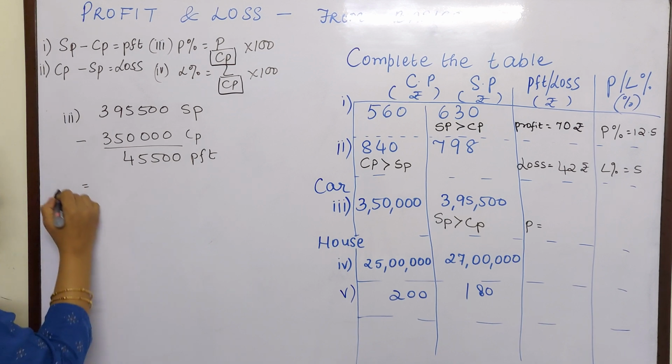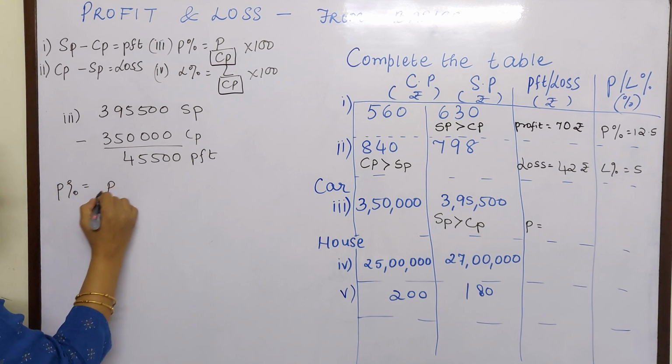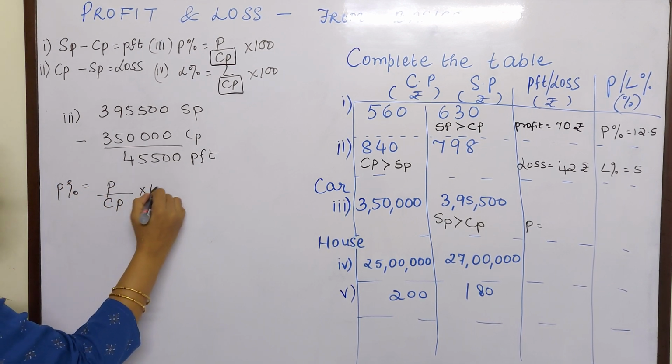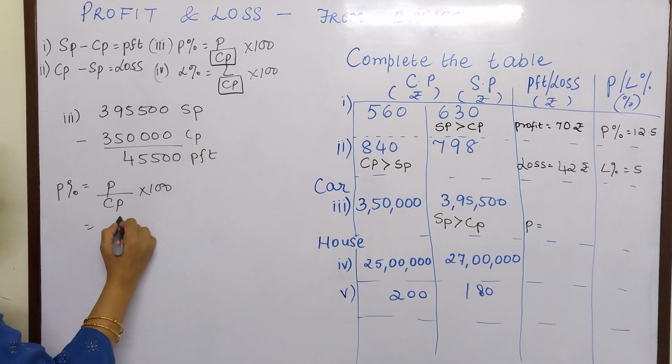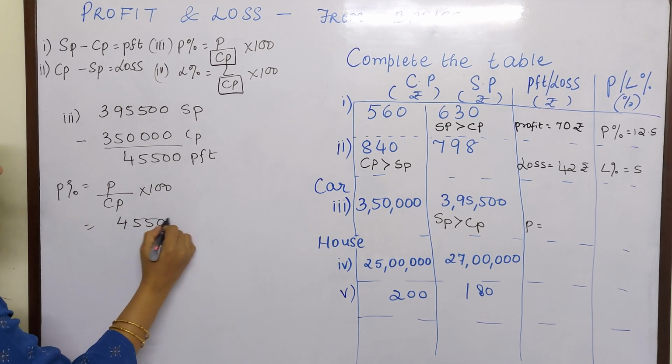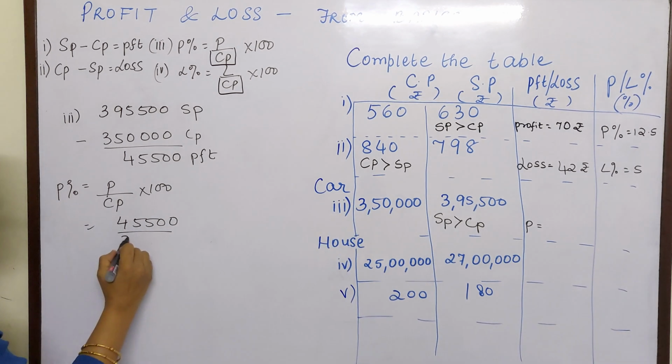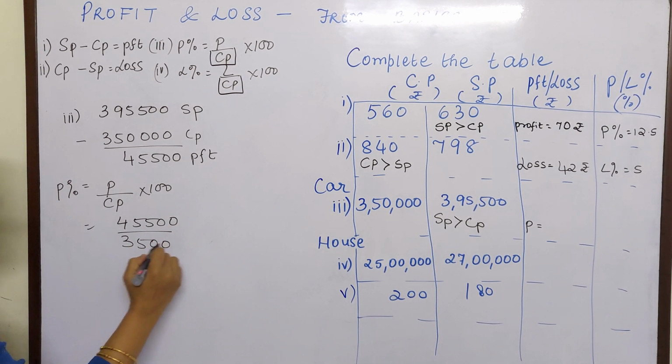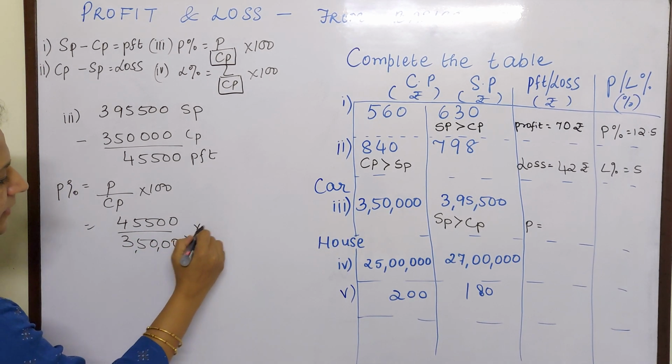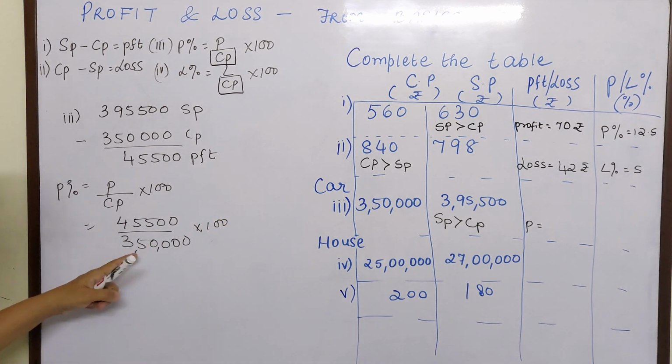So profit percentage is what? Profit by CP into 100. Just replace the amount. Profit is 45,500. Cost price is 3,50,000 into 100. So now let us do the cancellation.